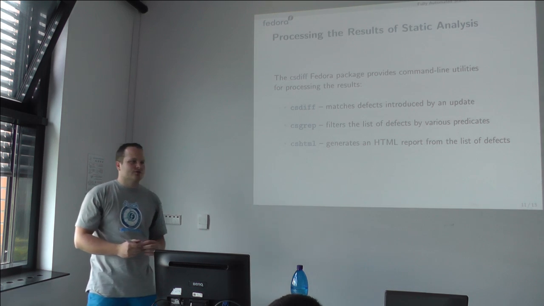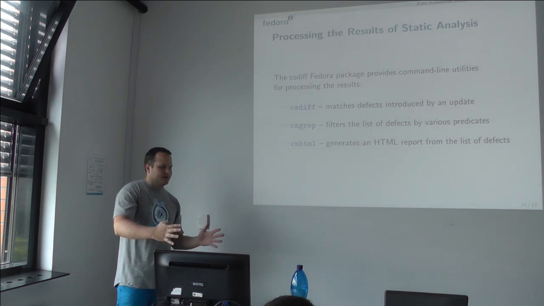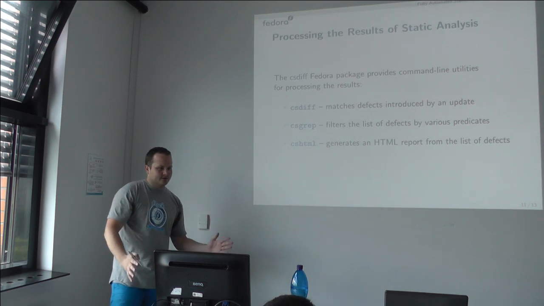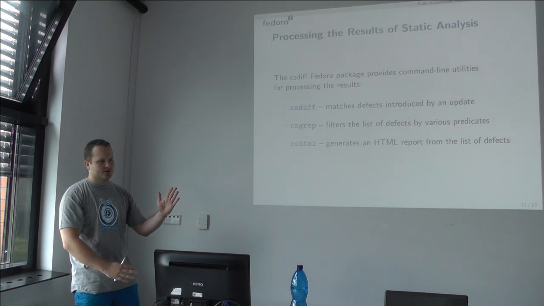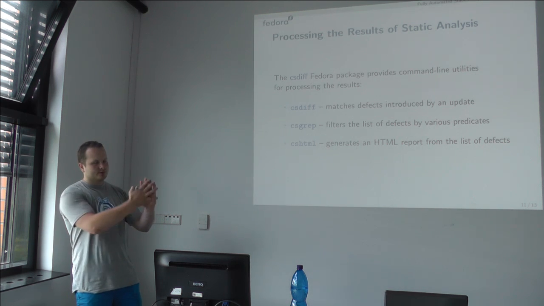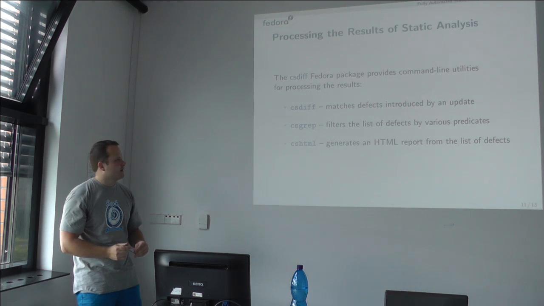It can also be used for filtering false positives, because they can be placed in some text file saying that we know these bugs are false positives, and we can just subtract them from the results we get.